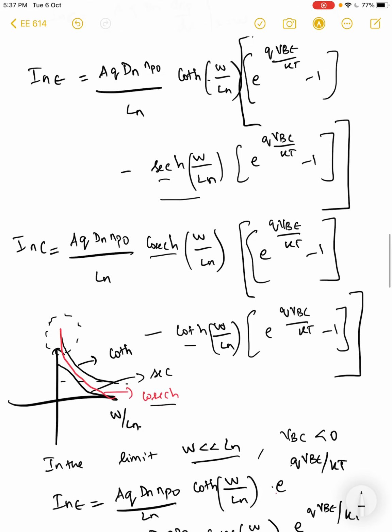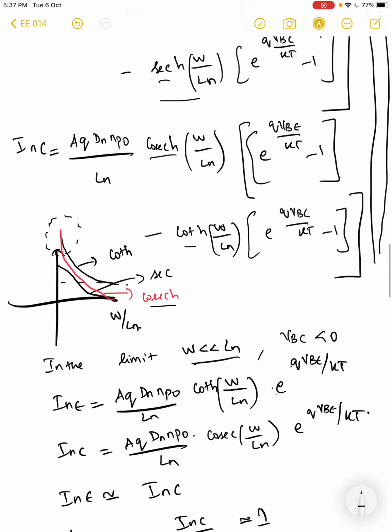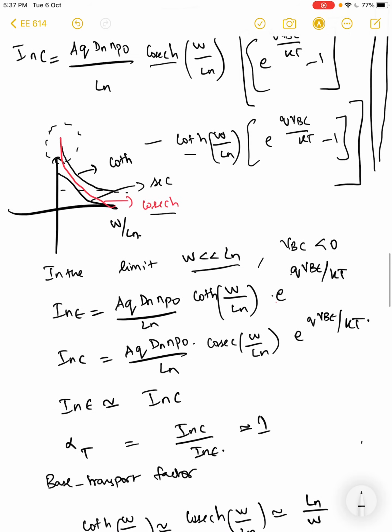These two equations are true almost always. There are very few assumptions in these two equations. You start assuming reverse bias and the base width to be much smaller than the diffusion length, and then you start getting these simpler equations, right?